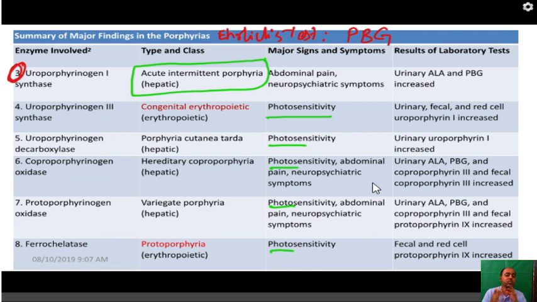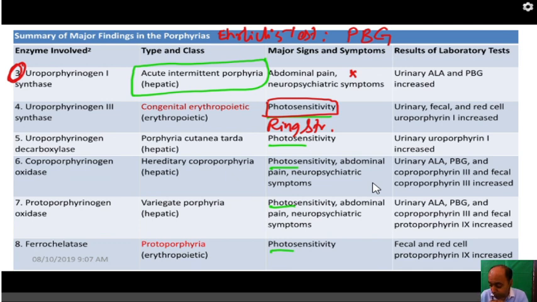If the uroporphyrinogen synthase 1 is not there, the porphobilinogen will not be formed. If porphobilinogen is not formed, the ring structure will not be formed, and the cause for photosensitivity is the ring structure. So as long as the ring structure is not there, we don't find photosensitivity in acute intermittent porphyria.